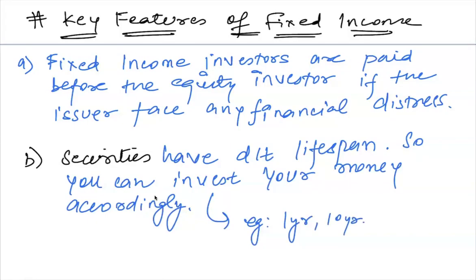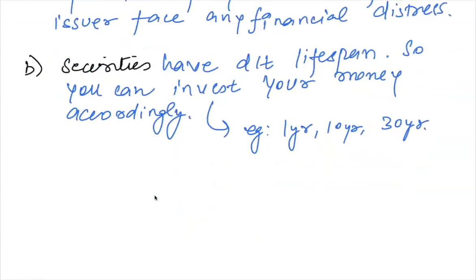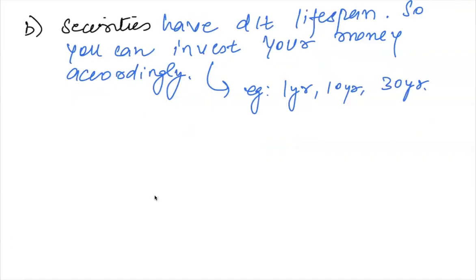And some might think that I can invest the money for 30 years. So accordingly, there are different fixed income securities, which we will study, based on the length of the investment. Accordingly you can select which fixed income security to buy, depending on what length you are looking for your investment.